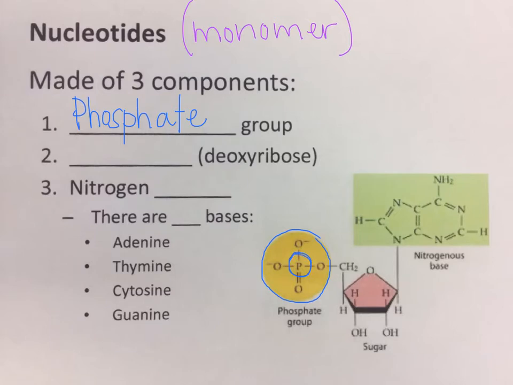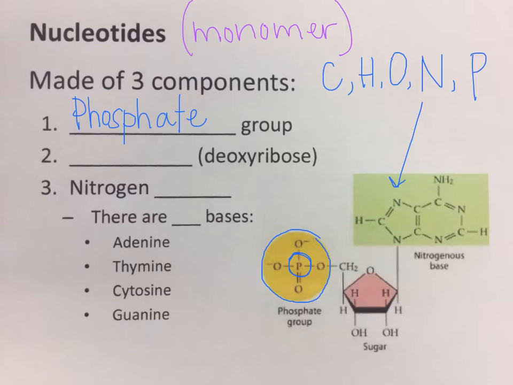It is a P for phosphorus. So nucleotides have carbon, hydrogen, oxygen, and nitrogen like our proteins, as you can see right here, and they also now have a phosphorus or a phosphate group. So that is something new that you're going to want to keep in mind for a nucleotide.